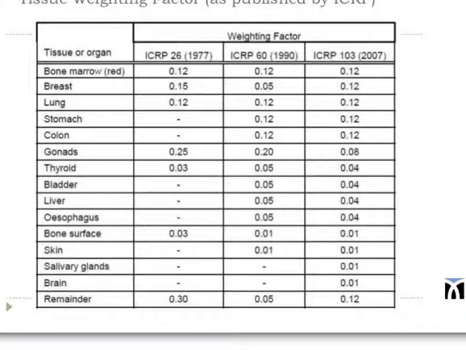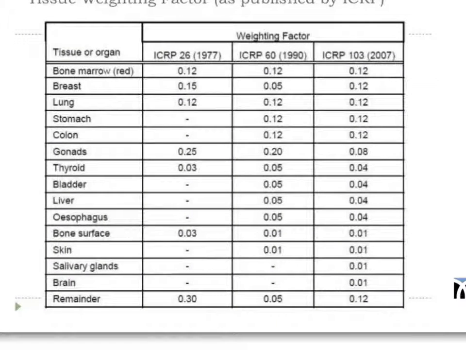So when we really break down each individual tissue or organ, you can see, hey, bone marrow itself has remained relatively consistent at a tissue weighting factor of 0.12 throughout all forms of these reports.